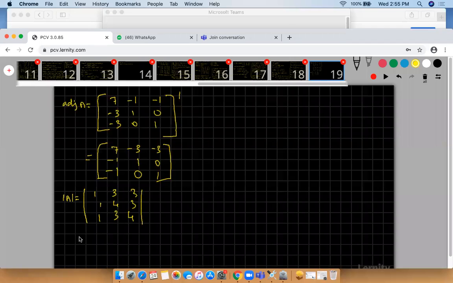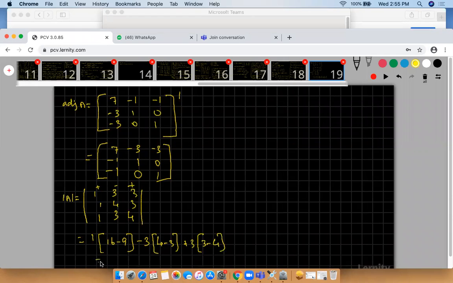Find the determinant. How to find out the determinant? Use the first row, plus minus plus. 1 into the product of these two: 16 minus 9, and minus 3 into 1 into 4, 4 minus 3, and plus 3 into 3 minus 4.